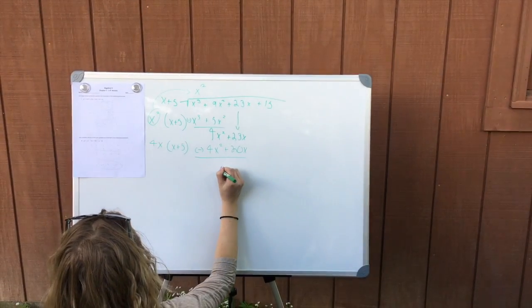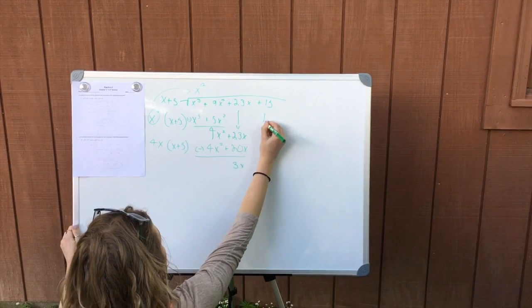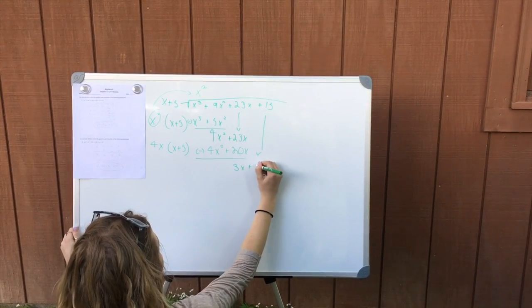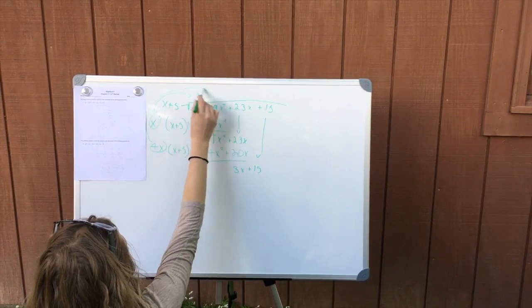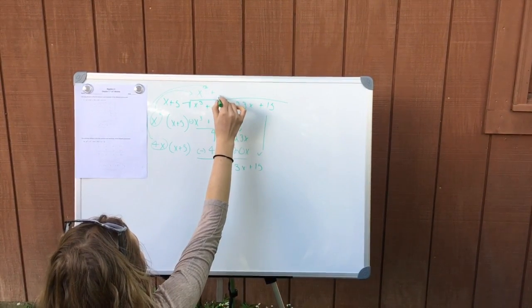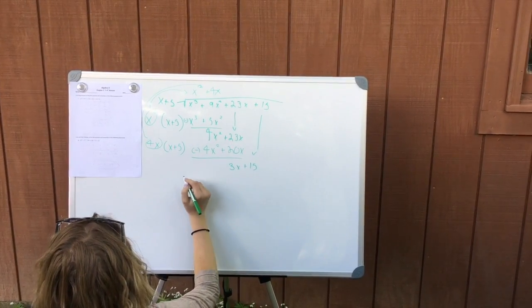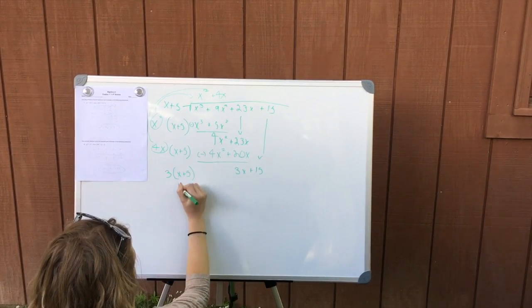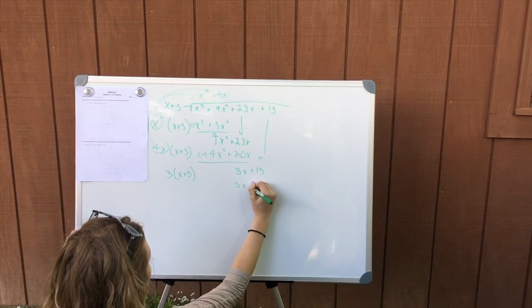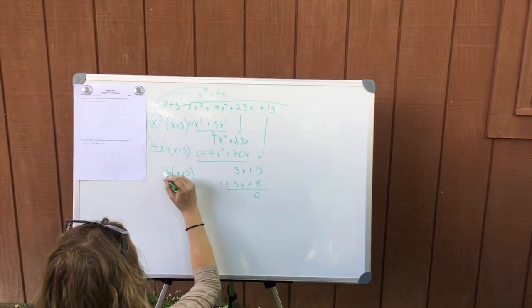You bring down the next term there is, and then you repeat the same process. So each term that you use to multiply with what you're dividing by goes up at the top to form your answer. Repeat these steps until there are no more terms to bring down, and then you will have your answer at the top.